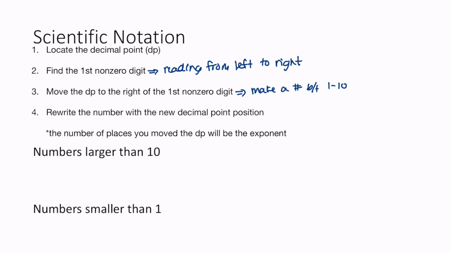And then finally, you're going to rewrite the number with the new decimal position. And the number of places you moved the decimal point will be the exponent in your scientific notation.